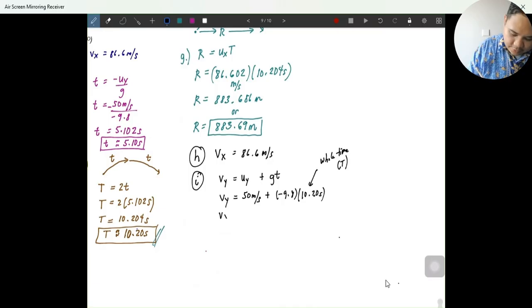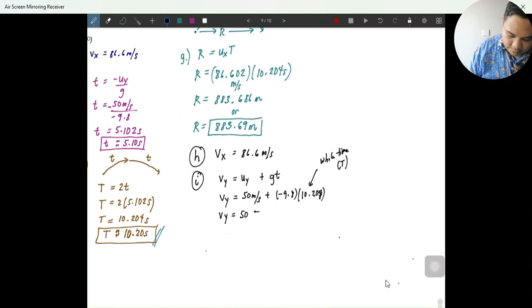Okay, so if you're gonna compute for that, that would be 50 minus 9.8 times 10.204 seconds.